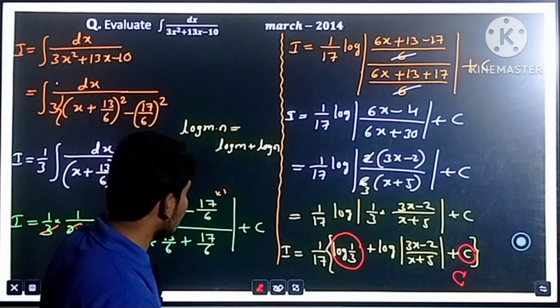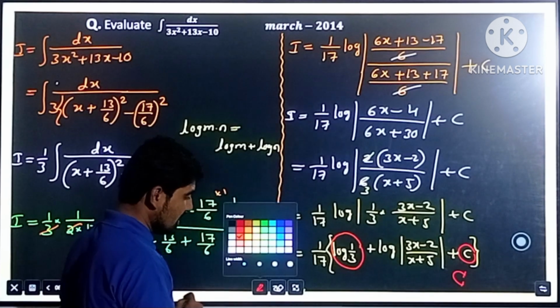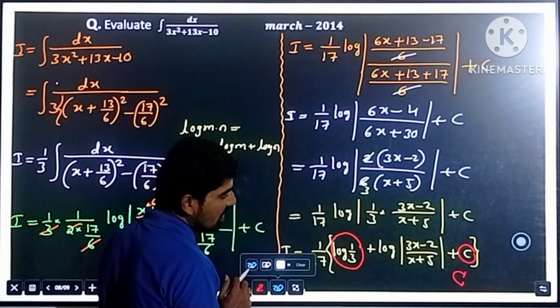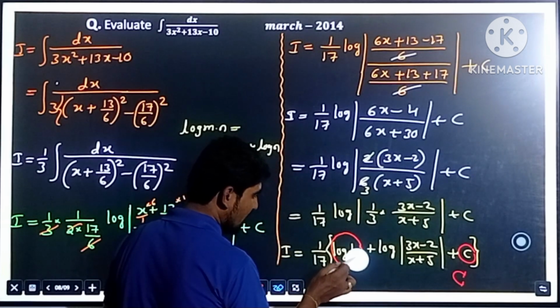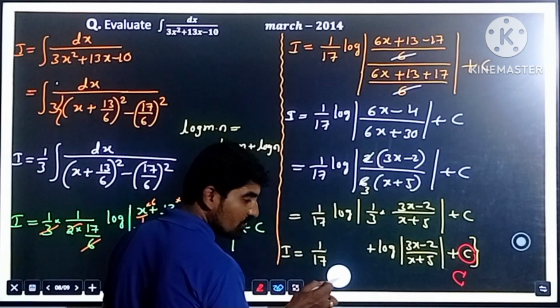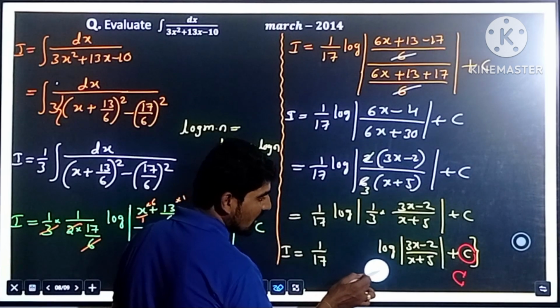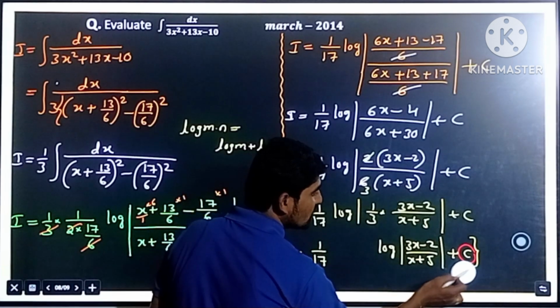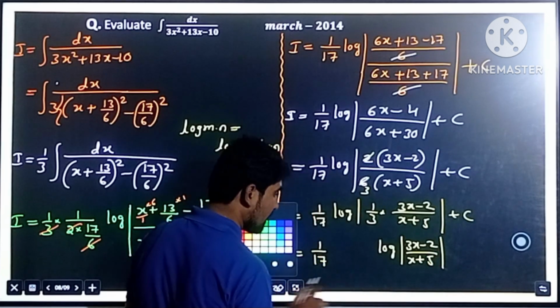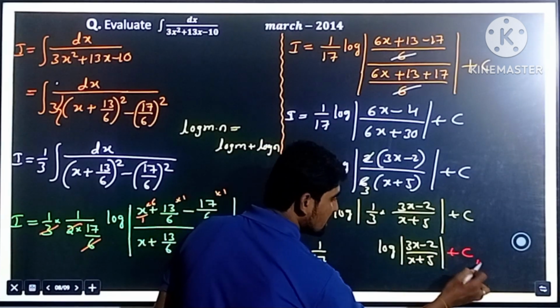Therefore, the final answer for this integration problem is, see here, 1 by 17 into log of 3x minus 2 divided by x plus 5 plus c is the answer.